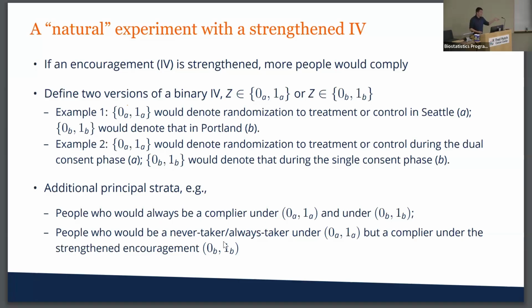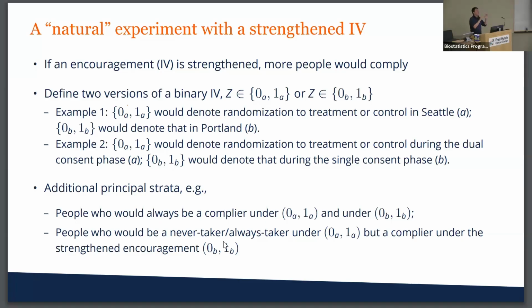For instance, here we consider 2 versions of binary ID. 0A, 1A correspond to assignment to treatment or control, for instance in Seattle. 0B, 1B would denote randomization to treatment or control elsewhere. That's important. Another example: 0A, 1A would denote randomization to treatment or control during the dual consent phase, had a person enrolled in the dual consent phase.